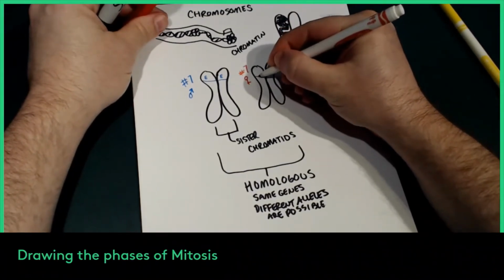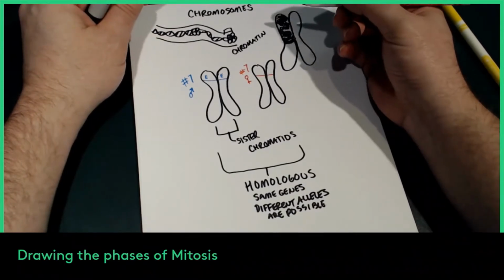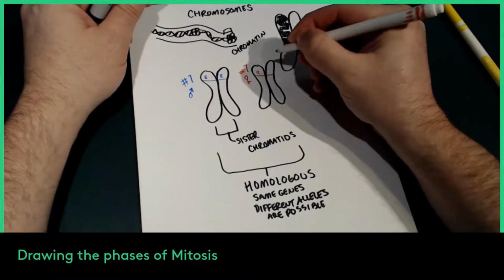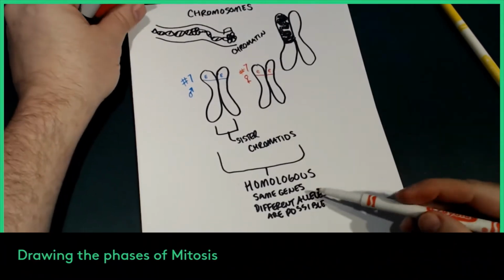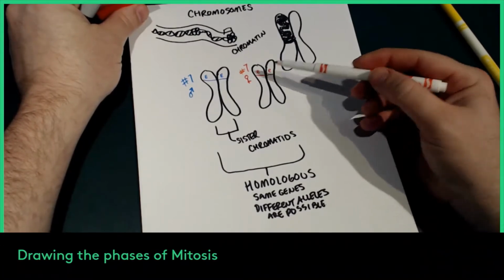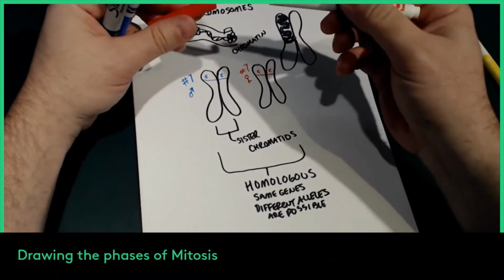My mom, at the exact same spot, has attached earlobes, and she gave me a different allele. It's the exact same gene. The genes are the same on these, but she gave me a little e. So the same genes, but the alleles are different.